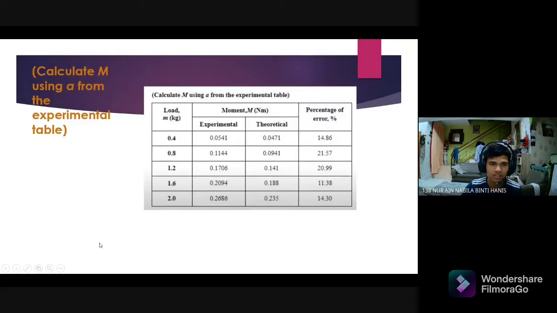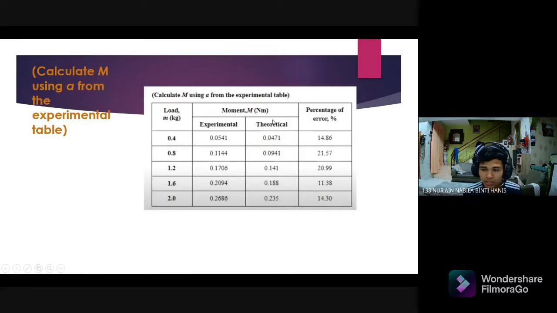Okay, next is calculated from the experiment table. Okay, the experiment we get 0.0541 for the 0.4 kilogram load, and the theory we get 0.0471.